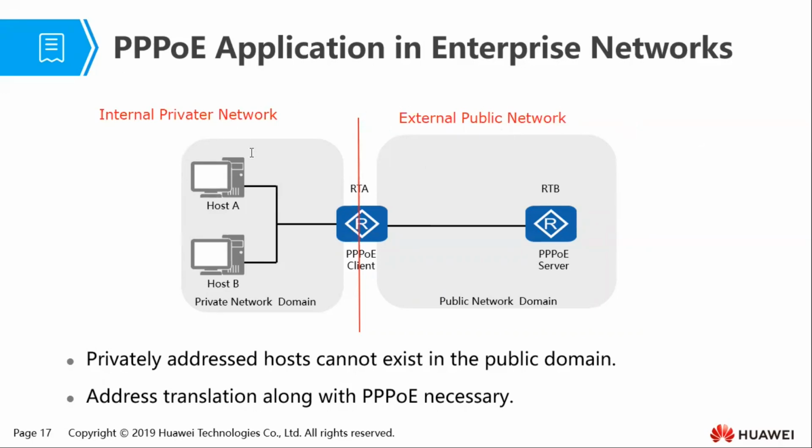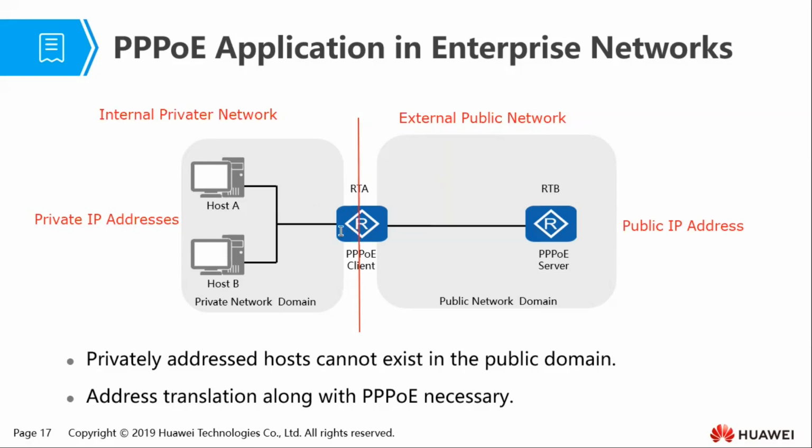The difference between these two kinds of networks is that in your internal private network, you use private IP addresses. On the other hand, for packets to be routed in the external public network, they must use public IP addresses.